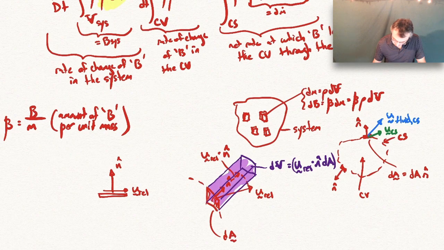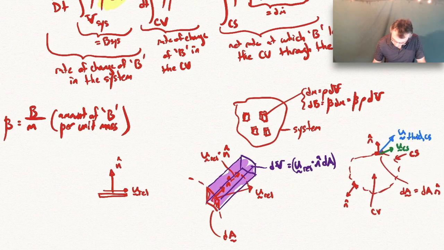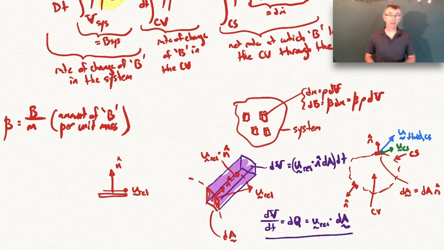If I let this go over some period of time dt, that purplish stuff is the amount of volume that's been swept out over that time. And so the rate at which we're sweeping out volume would be dV/dt, which we call dq. That's our little bit of volumetric flow rate, and that'll be our U_REL dot dA as a vector. So that's the little bit of volume that's been swept out.